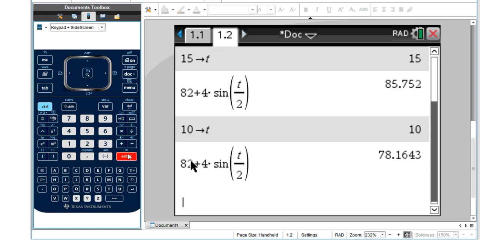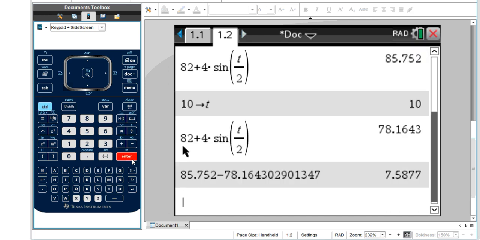So we get 78.1643. So we can say 85.752, which is f of b, minus f of a. I'm just going to press control A and S for the last thing calculated, and get 7.5877.